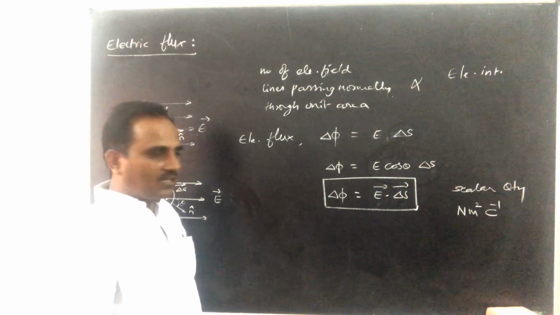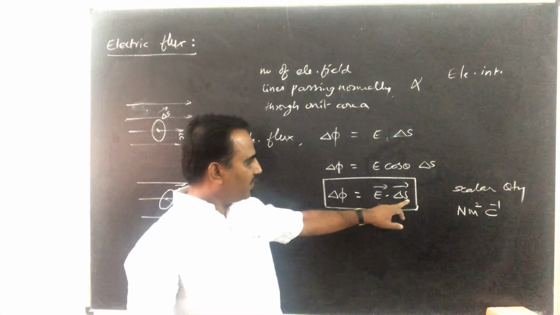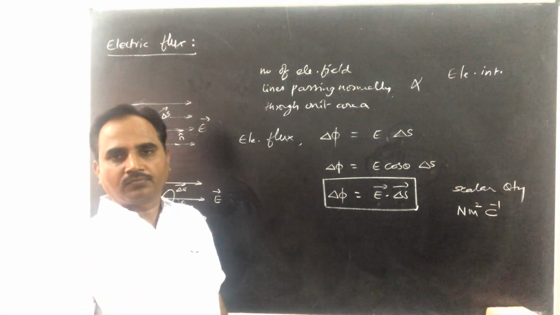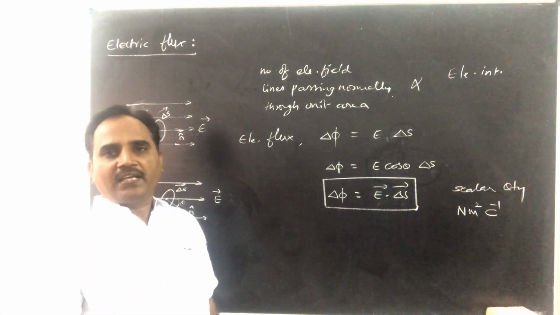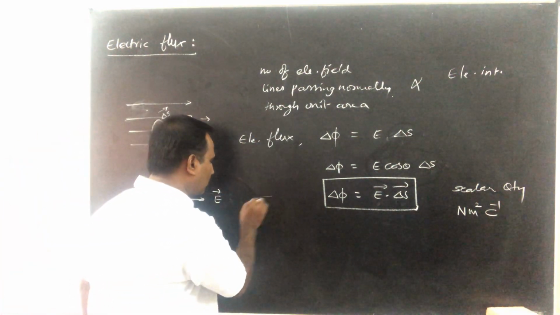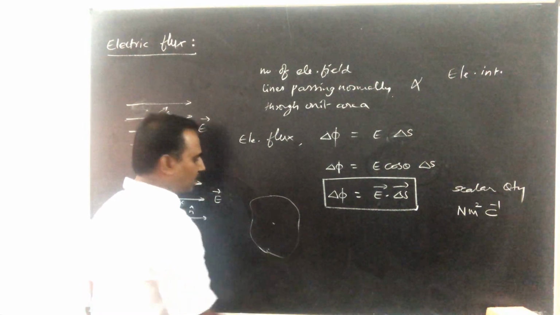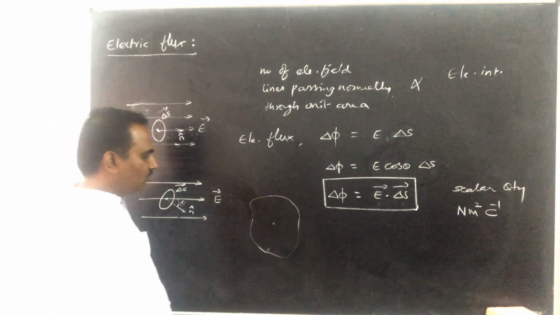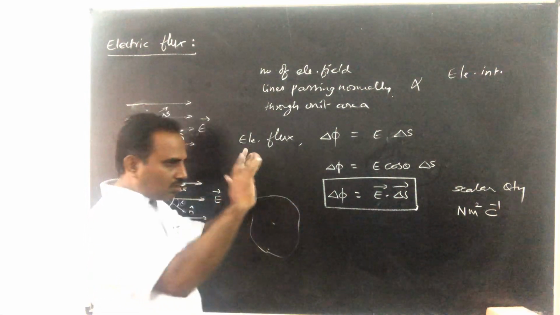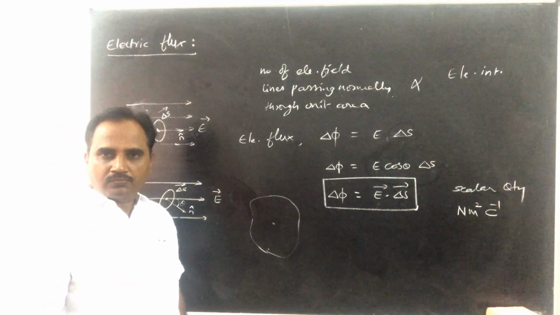See, instead of considering a small element of area delta S, if I consider a large area, so here this is a closed surface enclosing some charge. There is a closed surface enclosing some charge.